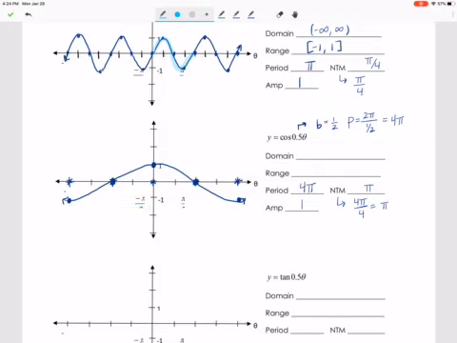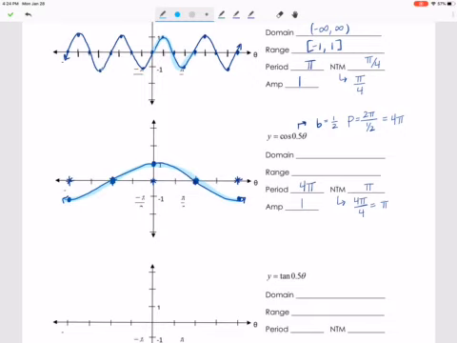So imagine that we've started at 0 and we've come up and then back down, and then further than we can see, we would start moving back up and then back down, which would give you your complete wave. But in this case, we've actually made a full period on this picture from going to -2 to +2. Domain is no different. My range in this case is also no different, -1 to 1.